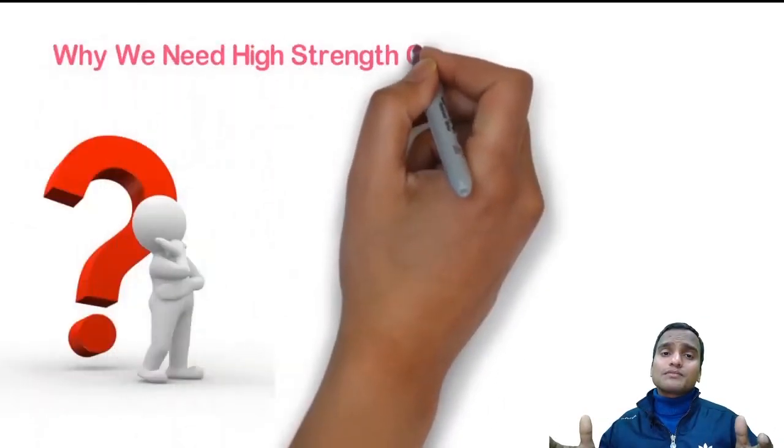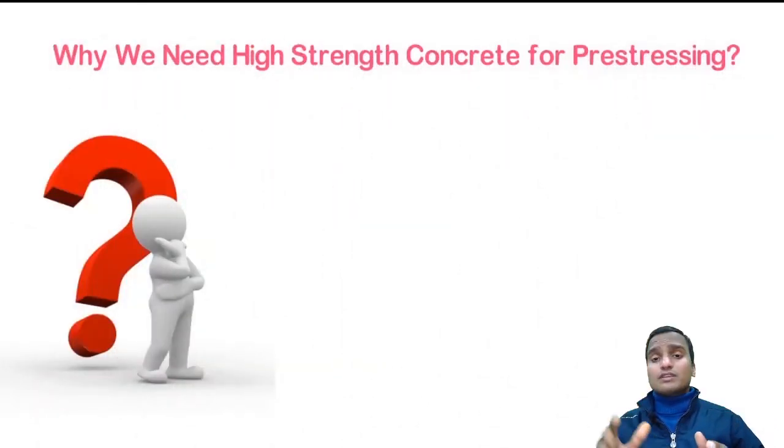So if the question comes, why are we going for high strength concrete? One thing is very genuine, that we have to go for high strength steel bars as tendons in pre-stressed concrete, because these tendons are stretched with a huge amount of stress at the bottom.